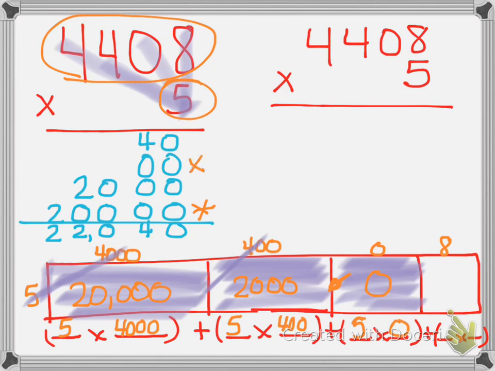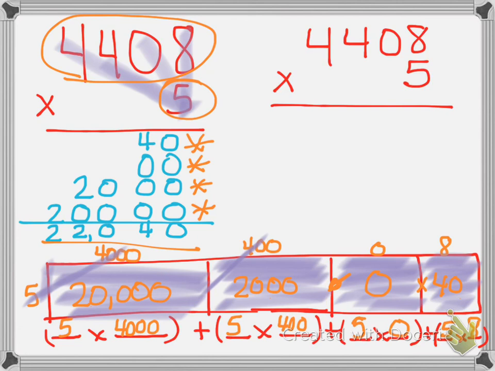And I can see that in my 2,000 in my partial products. And now I have to find the area of the ones block. Again, I don't have this labeled, but I know that length is 5, and the width is 8. 5 times 8 is 40. Again, there's that other partial product. If I add 20,000 plus 2,000 plus 40, I get 22,040.